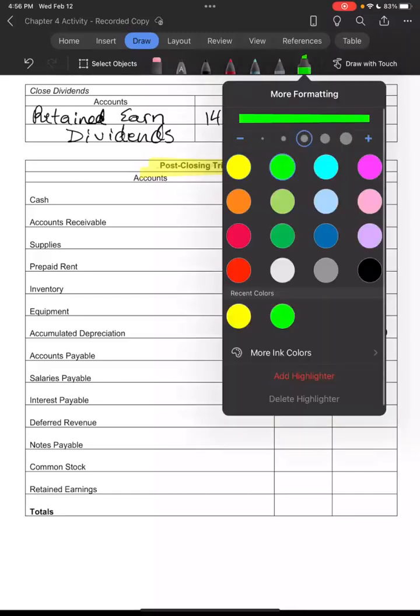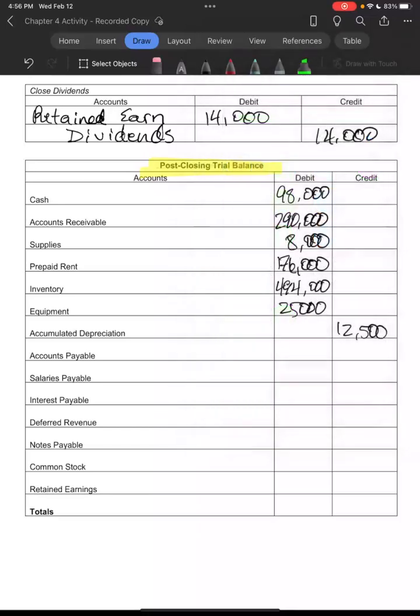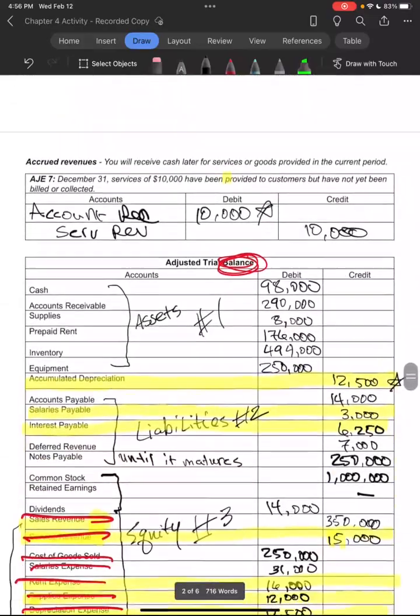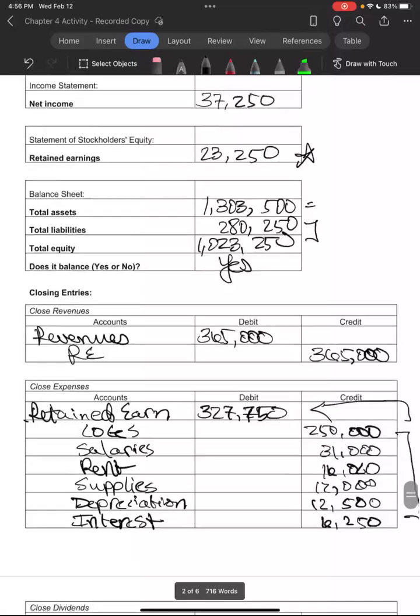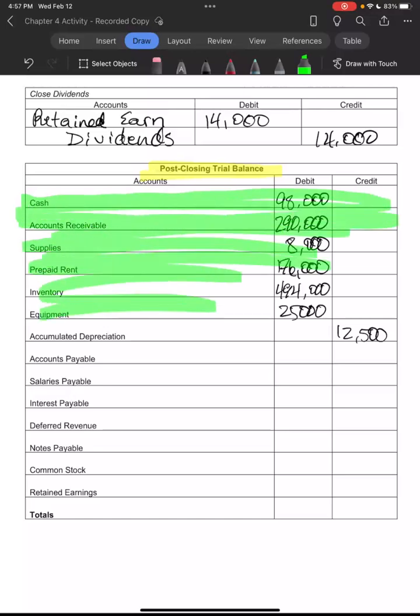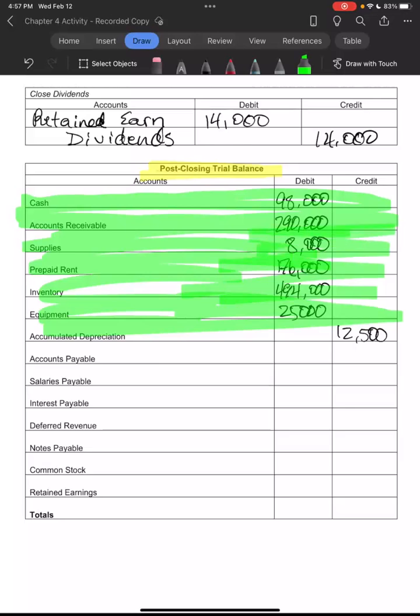Okay. All of these are the assets section of your balance sheet, okay?